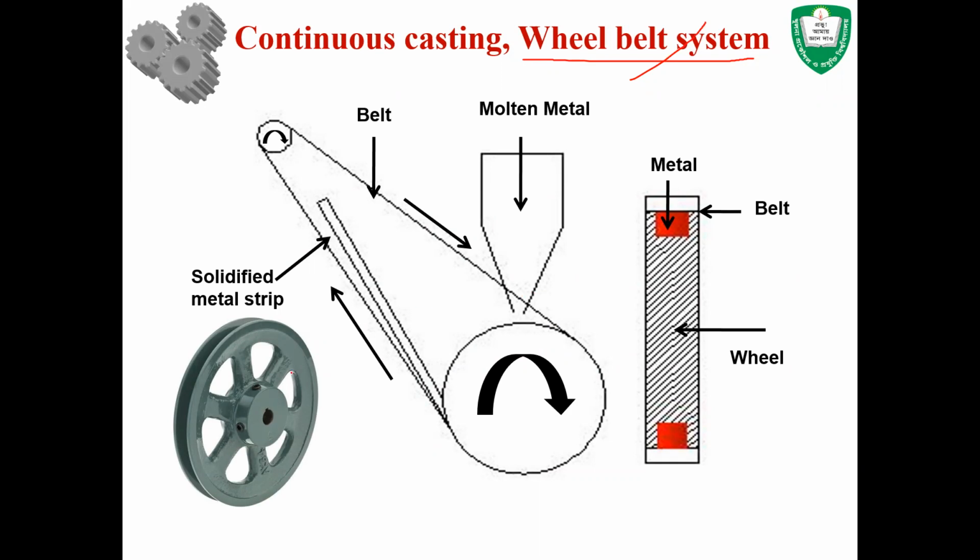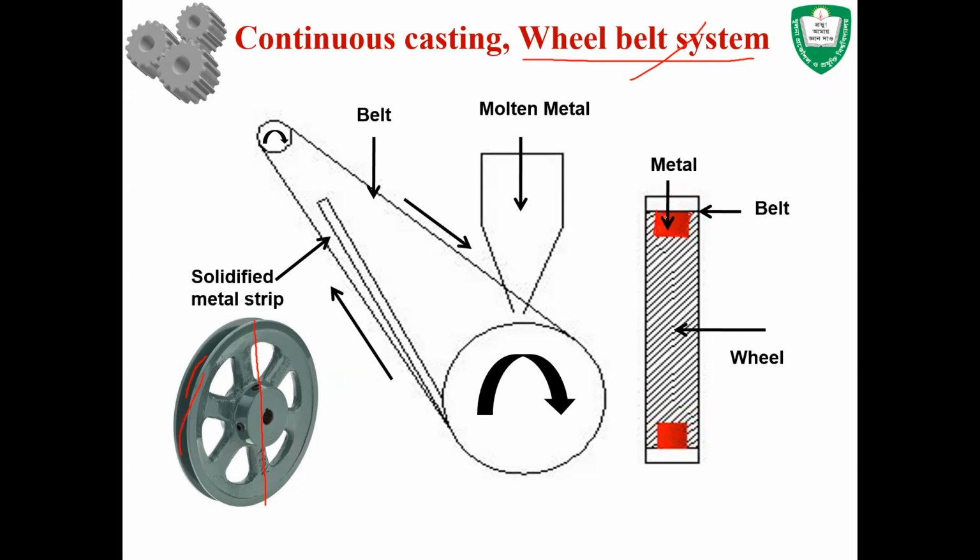So how it works is that it has a wheel like this. This wheel has a cavity, as you see in here, and the shape of the cavity can be many different types. If I cut the wheel from this region vertically, then the wheel has a cavity in this region.